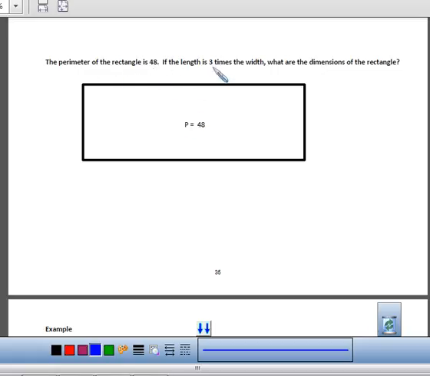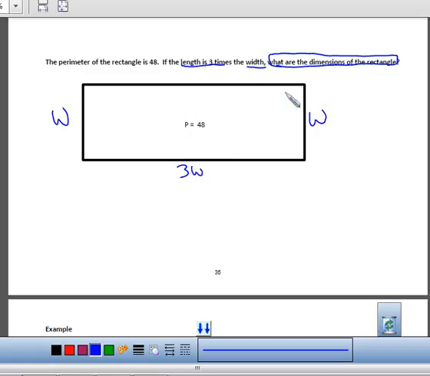If the length is 3 times the width, what are the dimensions of the rectangle? That's what I'm trying to find, the dimensions, the length and the width. They tell me the length is 3 times the width. I don't know the width, so that's W. Now the length is not L, it's 3 times the width, so I'm going to write 3W.